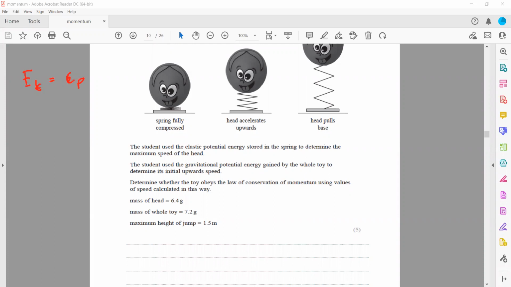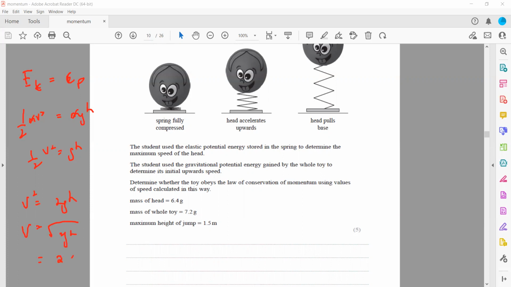The kinetic energy is equal to half mv square, and potential energy is equal to mgh. m will cancel with m. So half v square is equal to gh, or v square is equal to 2gh, or v is equal to under root 2gh.